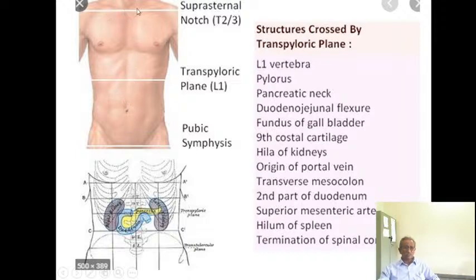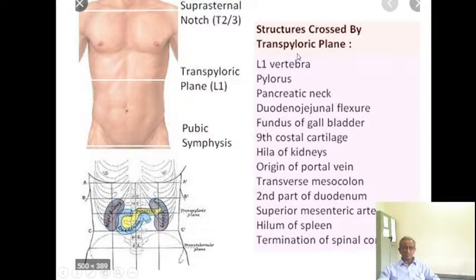So the first is midway between the suprasternal notch and the pubic symphysis, and the second is a hand's breadth below the xiphisternum, or midway between the xiphisternum and umbilicus, at the level of the lower part of the L1 vertebra.